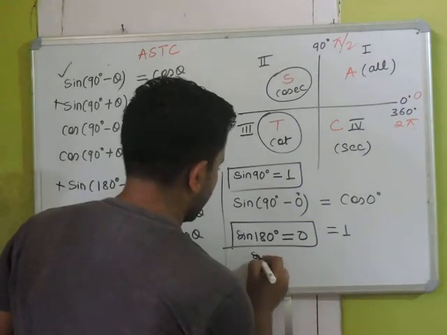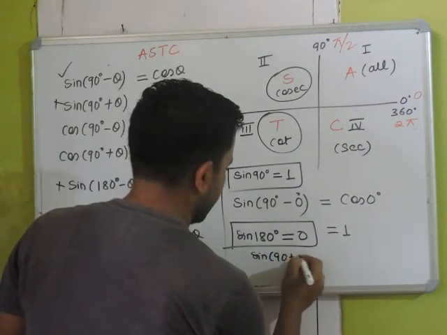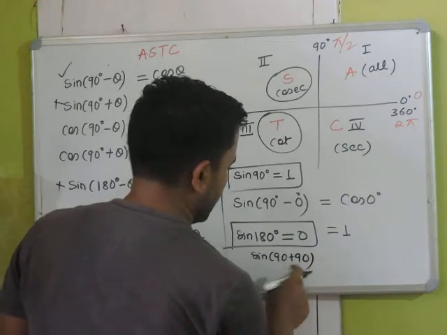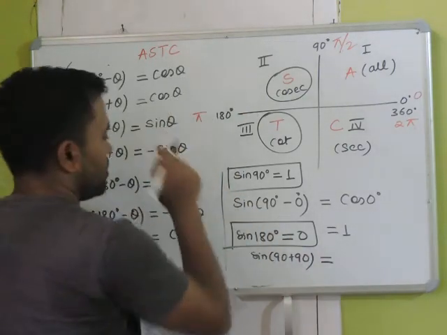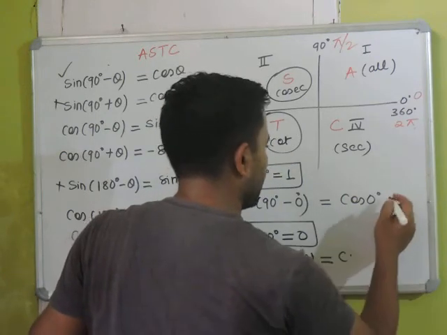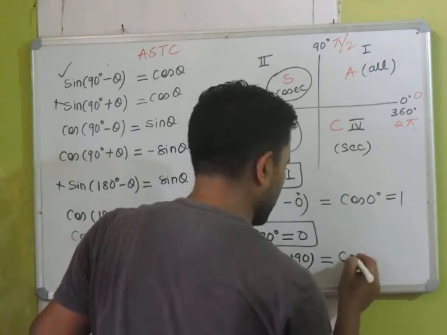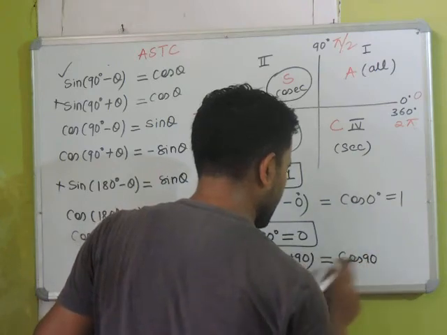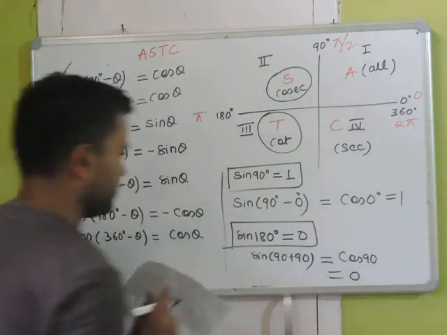If I write sine 90 plus 90, then 90 plus theta is equal to cos theta, so it is going to be cos 90, and we know that cos 90 is 0, so this is 0.